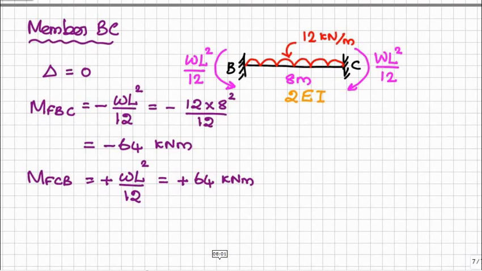Both supports are simply supported. Therefore we have rotation theta B as well as theta C. The fixed end moment MFBC is equal to minus WL squared by 12, because it is a negative moment, therefore minus 64 kilonewton meter. Similarly, MFCB is a positive moment, so plus 64 kilonewton meter.